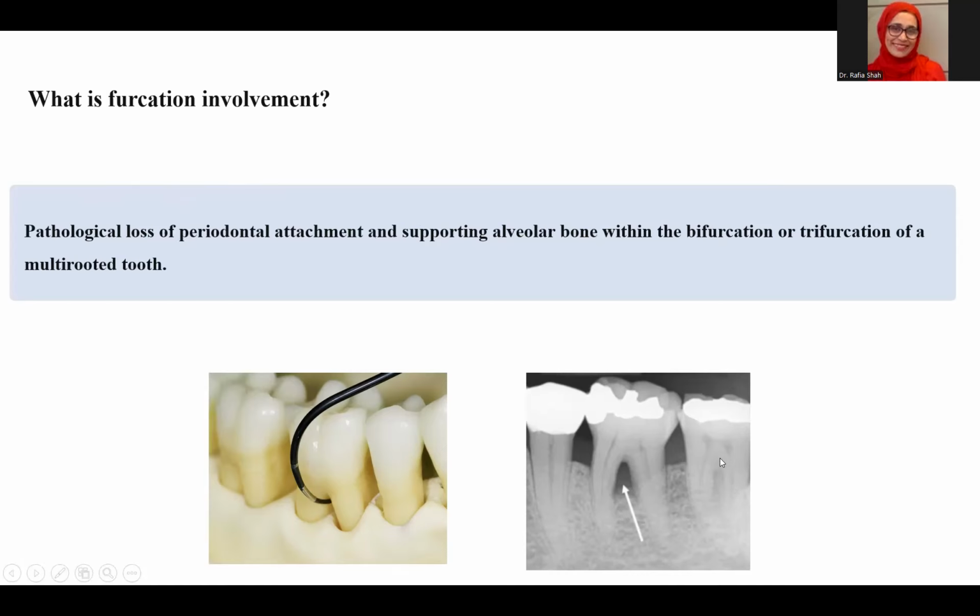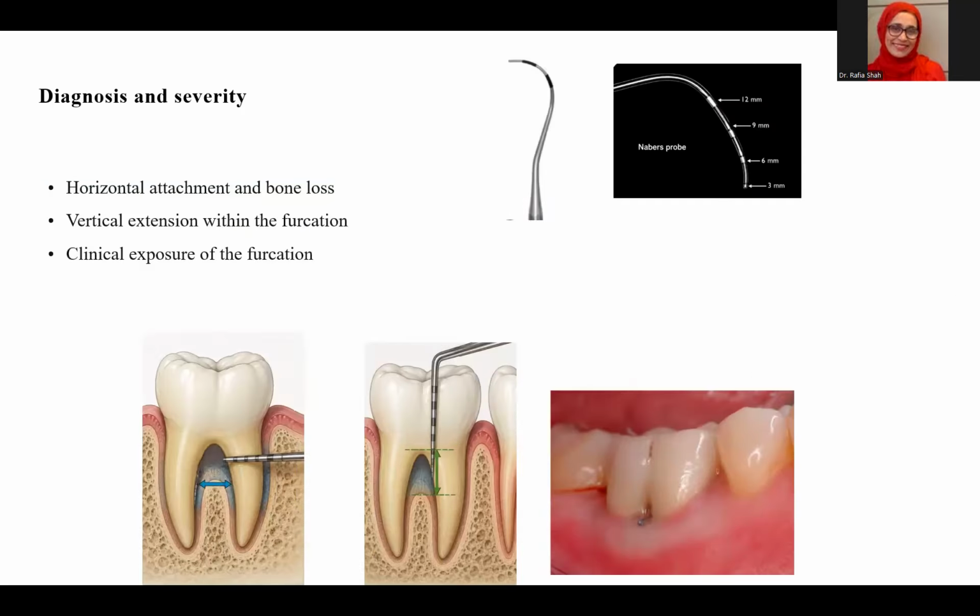Similarly, if we see this tooth, it has no loss, so we cannot find any radiolucency in this region. But the tooth which is involved with furcation invasion has interradicular bone loss showing the radiolucent area. So it shows that there is bone loss present.